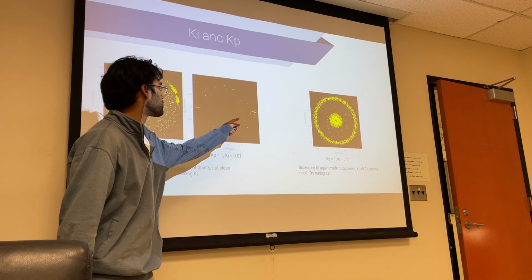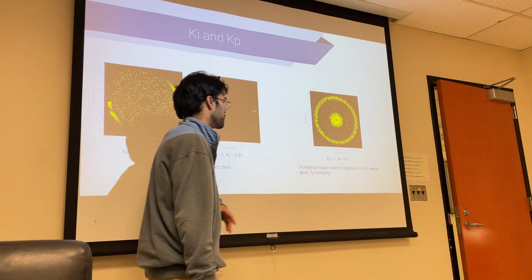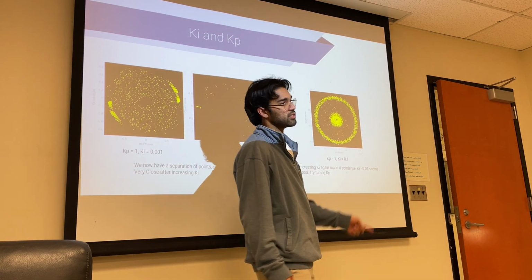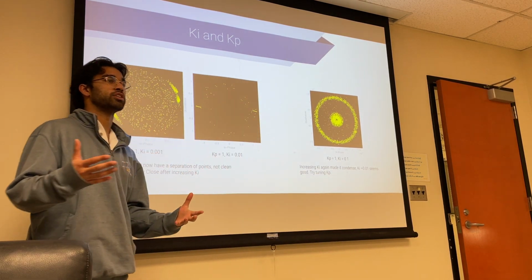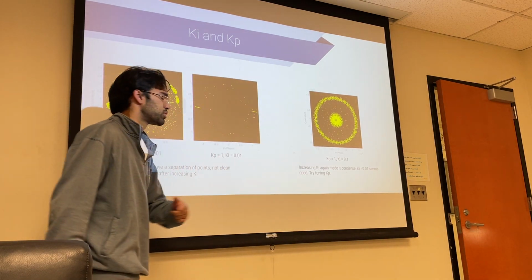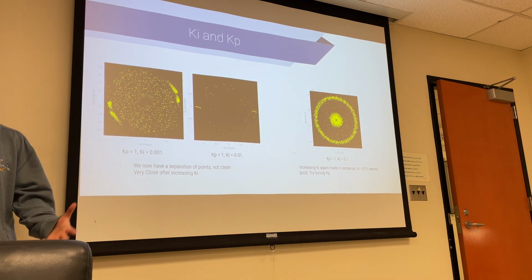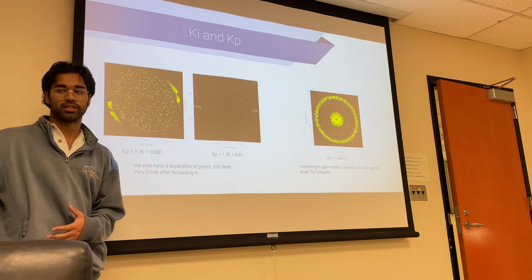That's where our points should be, around 1 and -1. If you try to increase Ki again, it condenses, so we increased it too much. So we found a Ki in a way. Let's try and tune the Kp.